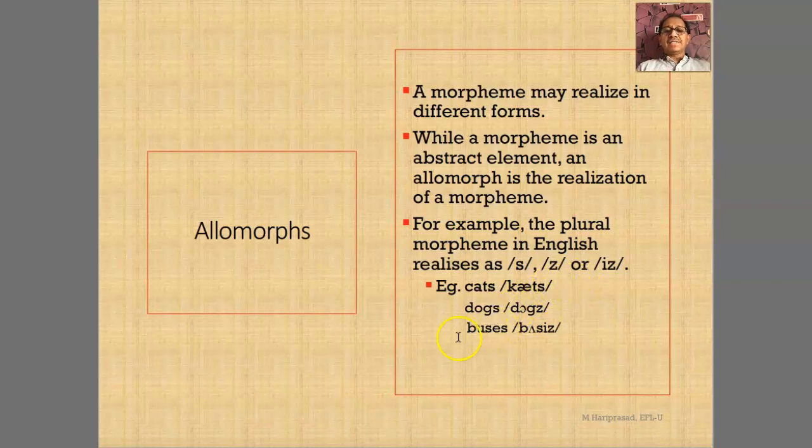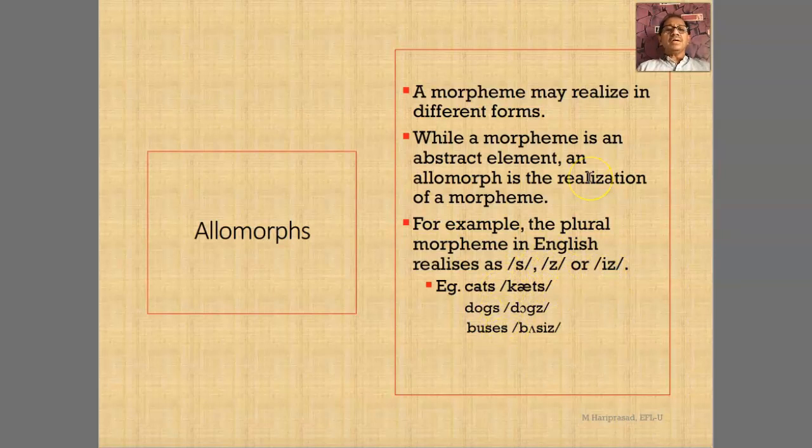If the word ends with what we call sibilants, s, z, sh, zh, ch, j, when a word ends with a sibilant, the plural allomorph is iz. That is, the plural morpheme, which is abstract, is on the surface realized as three different allomorphs, either s, z, or iz, depending on the context.